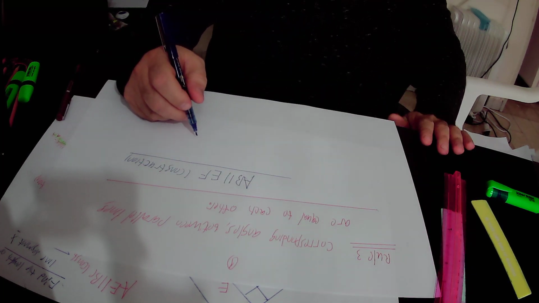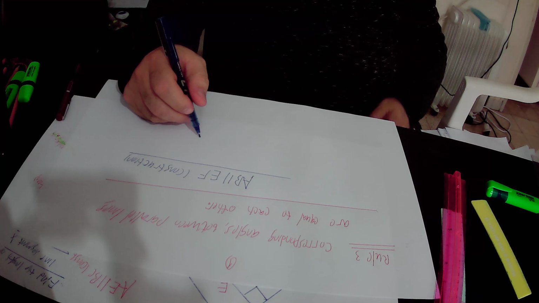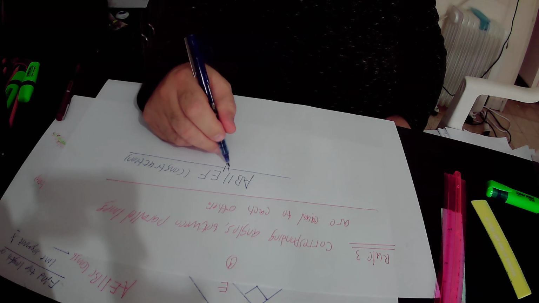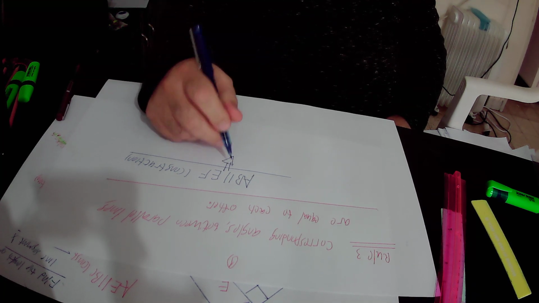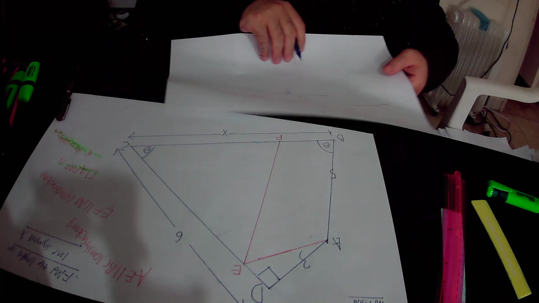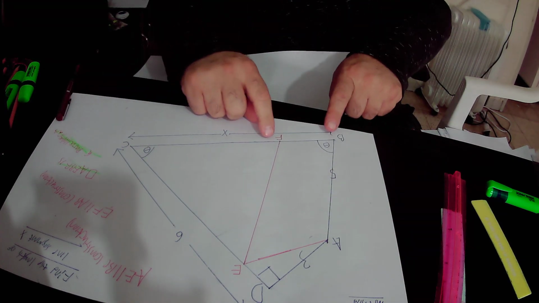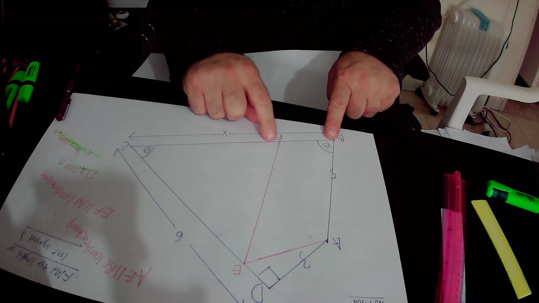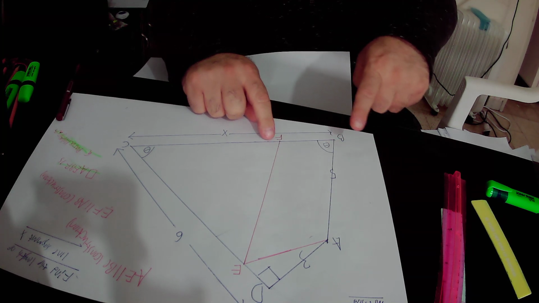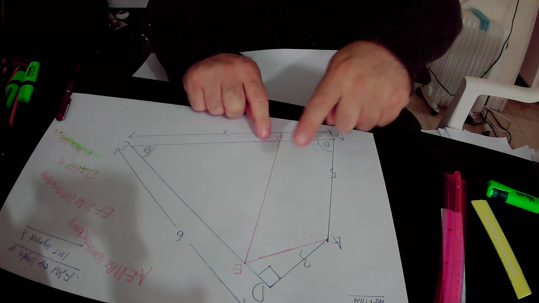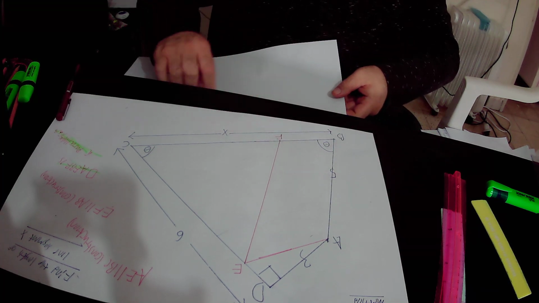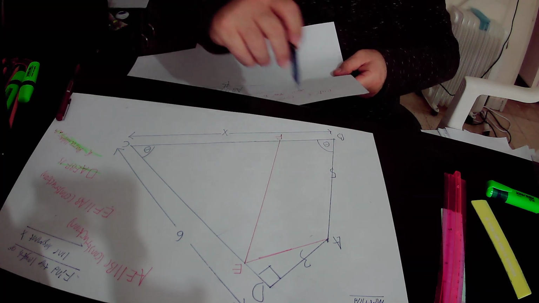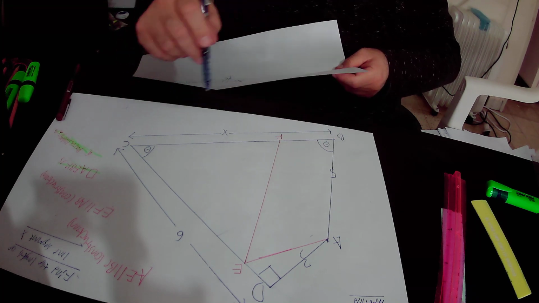So because of the fact that AB is parallel to EF, we will derive from it that those two angles that are defined as corresponding angles, located between the parallel lines AB and EF, are equal to each other. So angle ABC equals angle EFC.